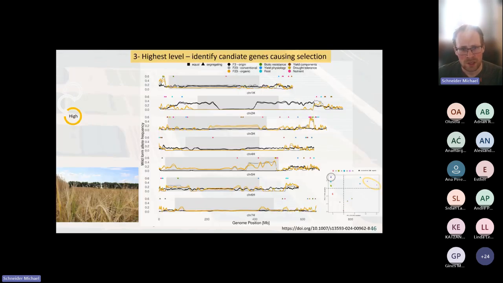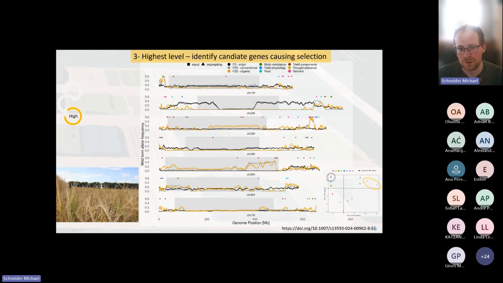So now we are coming back to the figure we have seen before, and I want to highlight with this the highest level: identify candidate genes which are causing the selection or are candidates for selection. I highlighted here these 6 different groups, arbitrarily chosen.